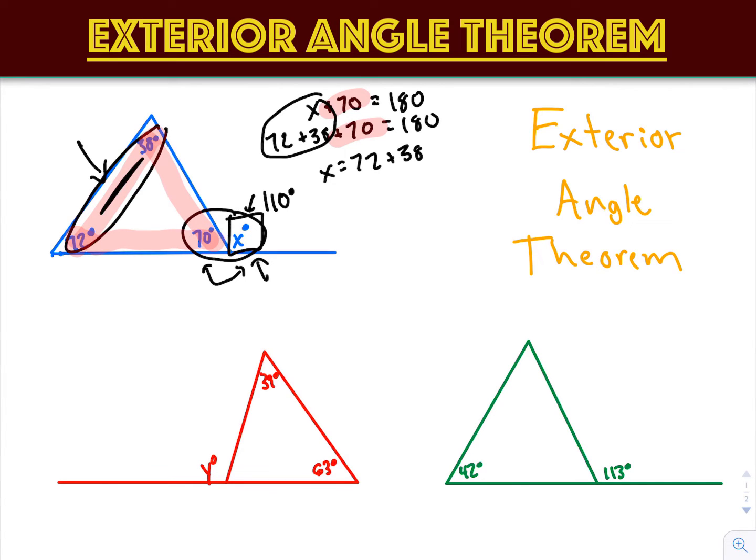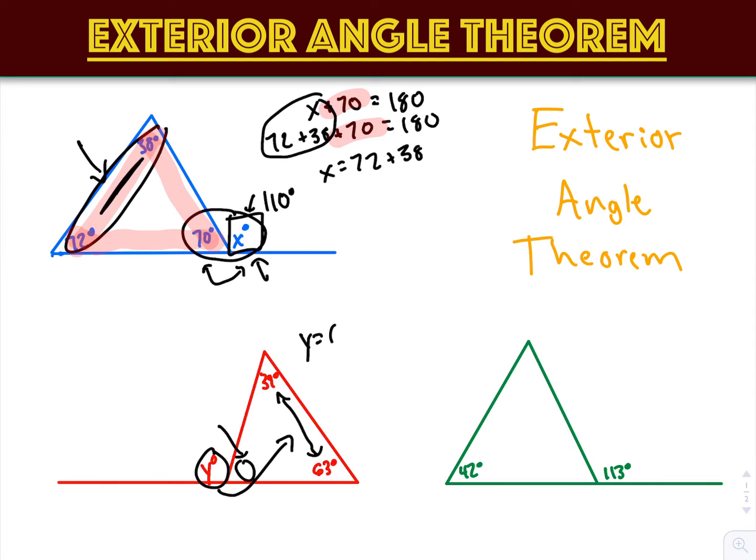So in our example below in the red triangle, we don't even have a third angle here. Obviously we can find it if we need to, but we don't need this third angle to determine y, because we know that y equals the sum of 63 and 39, since the exterior angle on the outside equals the two opposite interior angles.